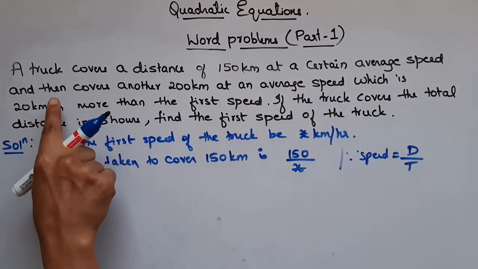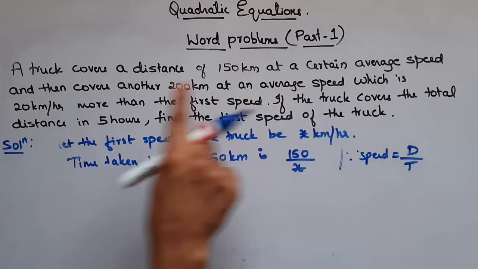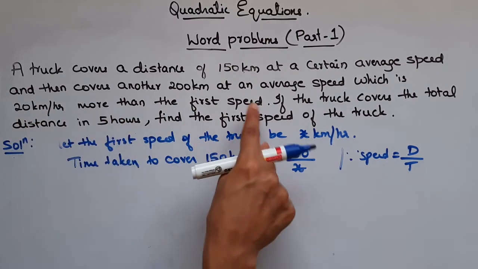And the question continues, then it covers another 200 km at an average speed which is 20 km per hour more than the first speed.